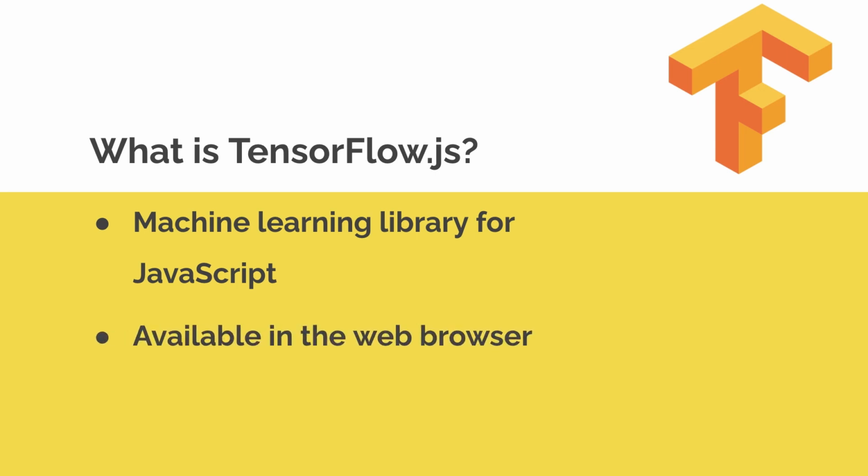TensorFlow JS is available in the web browser and also on Node.js. It's easy to set up, it's free, and you can either set it up via a CDN or via Node. We'll show you exactly how to load it into your web projects coming up.